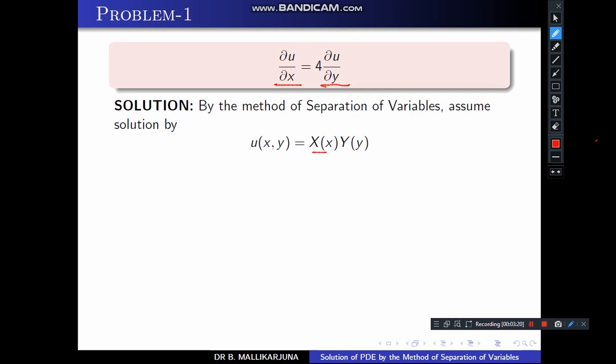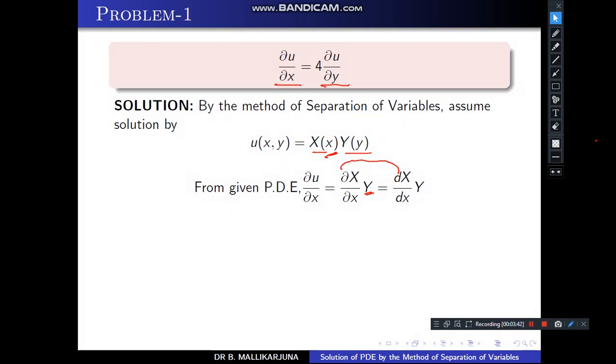Dou u by dou x is nothing but dX by dx into Y, because Y is independent of x and this capital X is in terms of only x, so that's why its partial notation becomes ordinary notation. Similarly, dou u by dou y is nothing but X dY by dy.